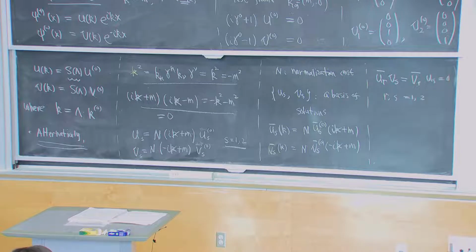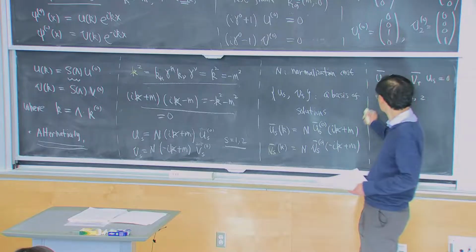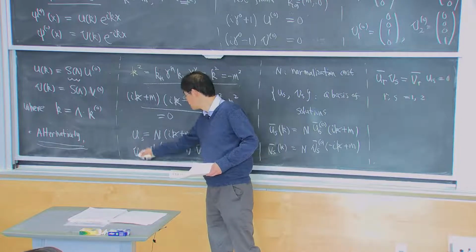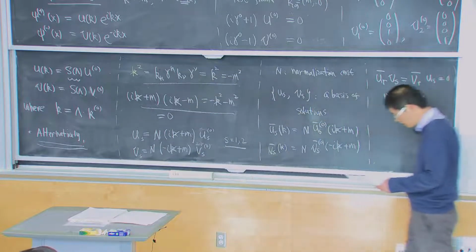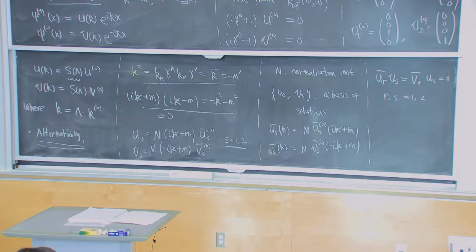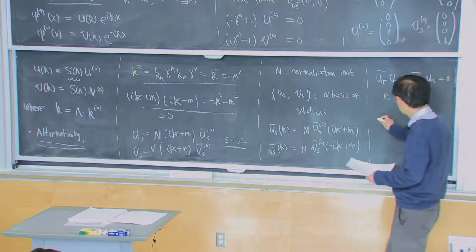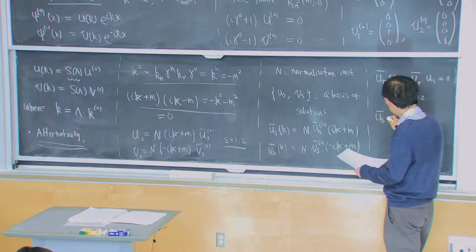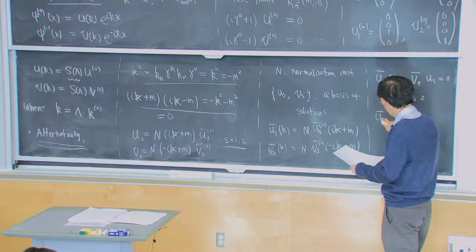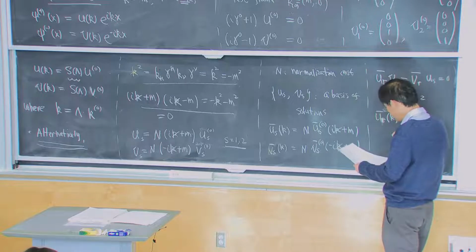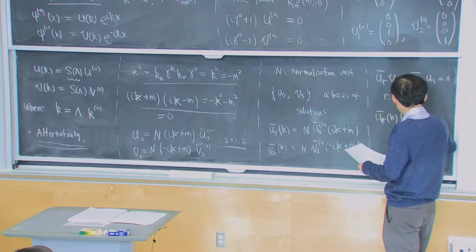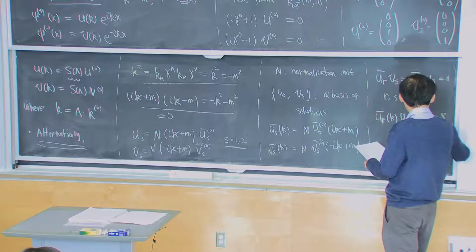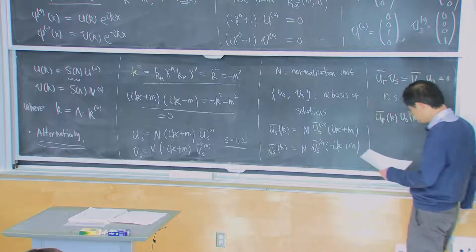And then we need to fix the normalization of U and V. It's convenient to fix their normalization as follows, so we will use the following convention: U_r bar(K) U_s(K) equals 2m delta_rs.